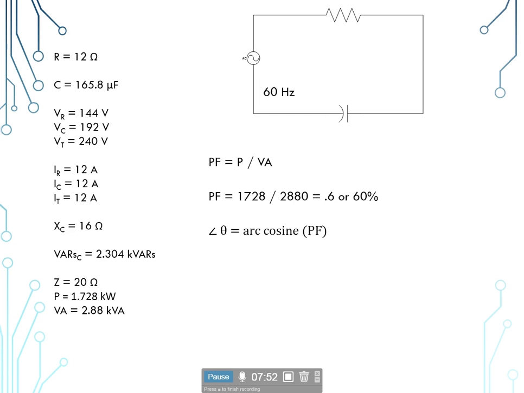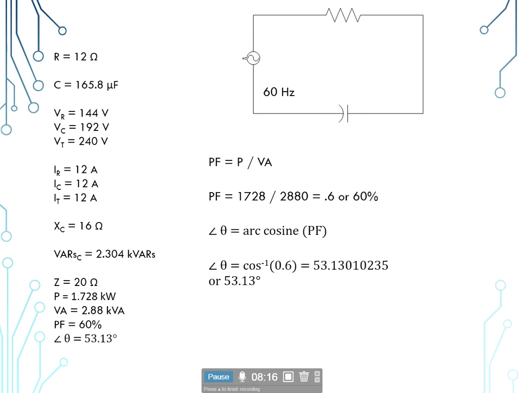Now we are going to use our power factor here also to get the angle theta, the Greek letter theta. The angle theta is actually our phase angle. And so we're going to take the arc cosine, or cosine to the -1, of our power factor.